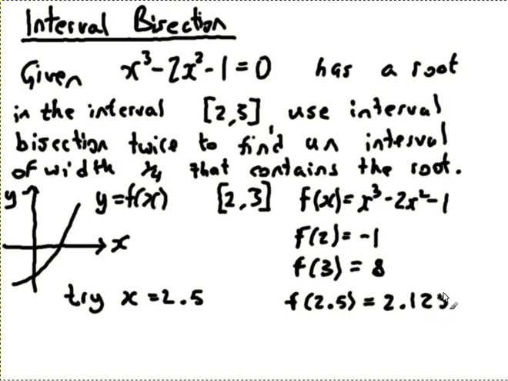Now remember, I'm looking for a change of sign. The change of sign here occurs between 2 and 2.5, because when I plug in 2 I get a negative number, when I plug in 2.5 I get a positive number. That means that the root must lie between 2 and 2.5.